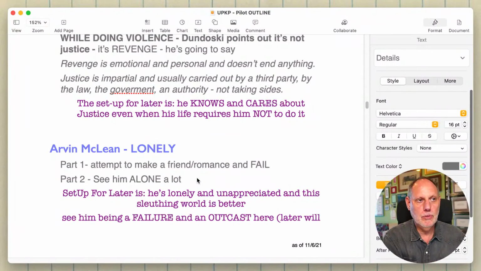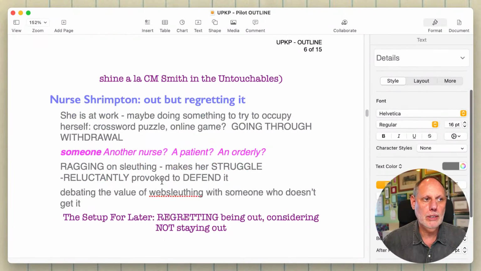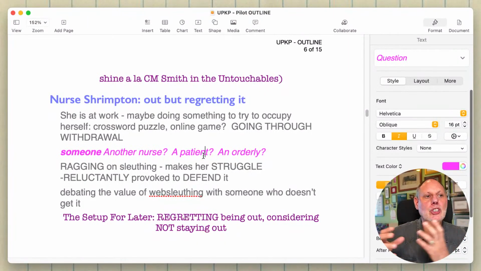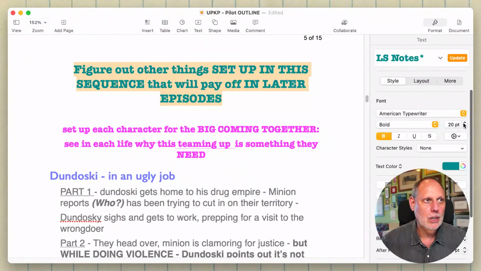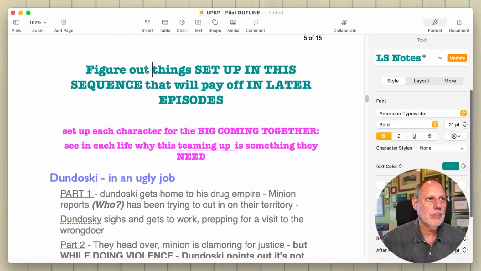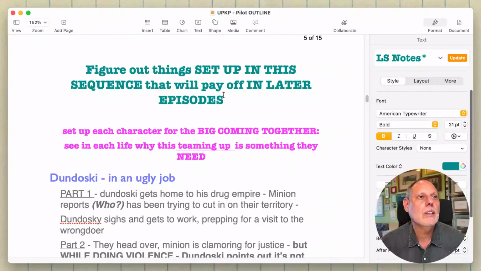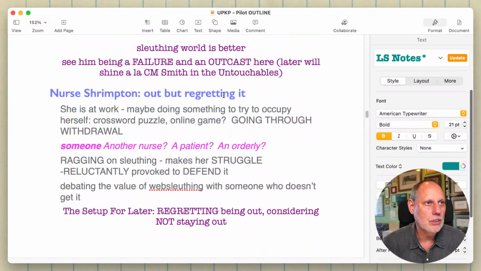The person he's trying to romance has access to something he will need later in the story, or something about what Shrimpton is doing at work, or the patient she's talking to, will be valuable, something they can use later. That is an important thing to try to add in. I can't do it now, but I want to make a note: figure out things set up in this sequence. That's just a note to myself.